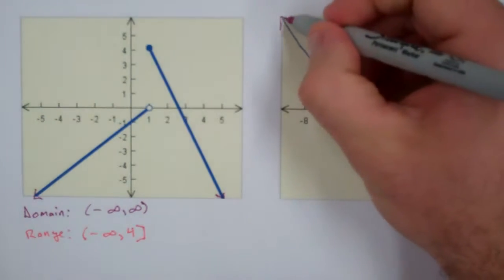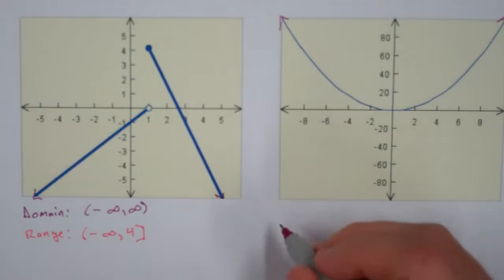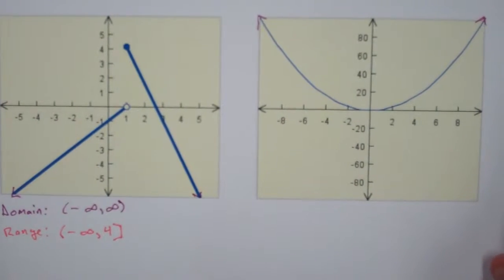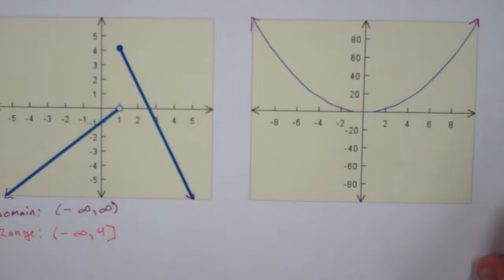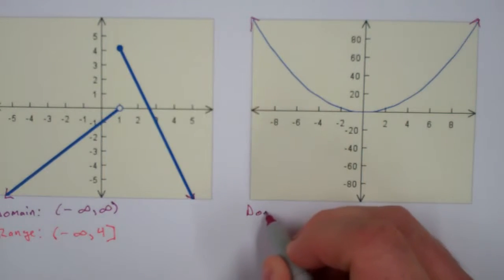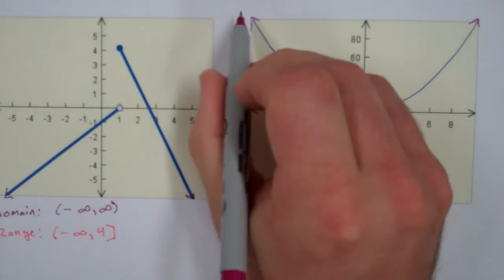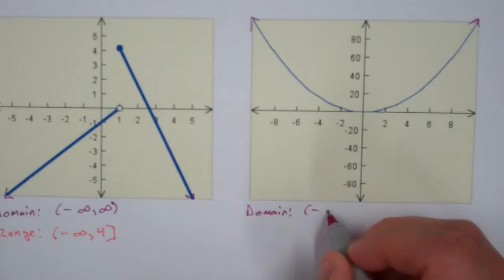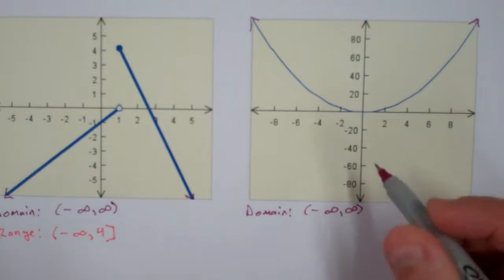With the graph on the right, got a nice little parabola here. And I'll move that over just a touch. There we go, so you can see it. Nice. So the domain here, this graph is defined for all x values. So again, another -infinity to infinity for the domain.